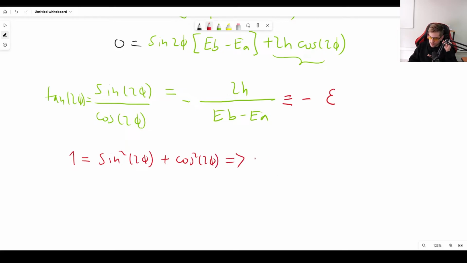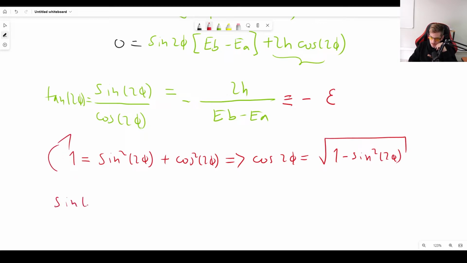So from this, we can see that cosine of 2 phi is the square root of 1 minus sine squared of 2 phi. So we can plug this in here, and we get that sine of 2 phi divided by the square root of 1 minus sine squared of 2 phi.